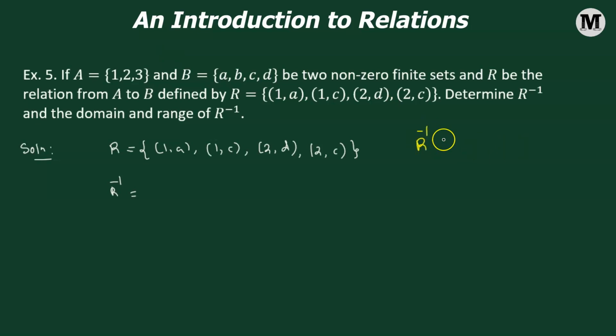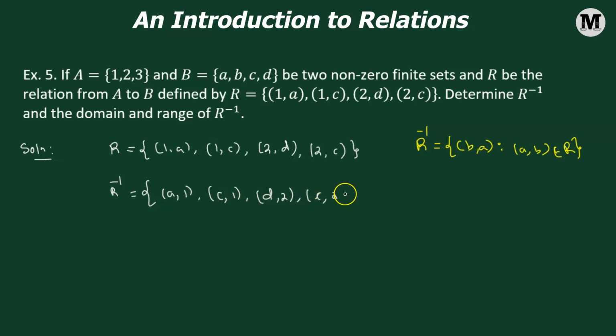The inverse relation of R is simply the set containing the ordered pairs (B, A), such that we have (A, B) belonging to the relation R. That means taking the help of the ordered pairs present in the original relation R, all we have to do is interchange the position of the elements, which means our first ordered pair, which is (1, a) in case of R, is going to now become (a, 1). Then (1, c) is simply going to be (c, 1). (2, d) becomes (d, 2), and (2, c) becomes (c, 2). So this is the inverse relation R.